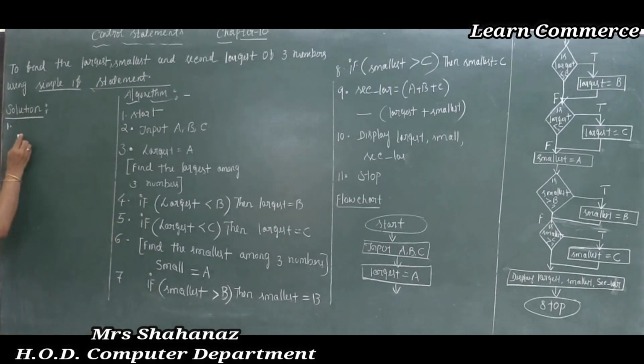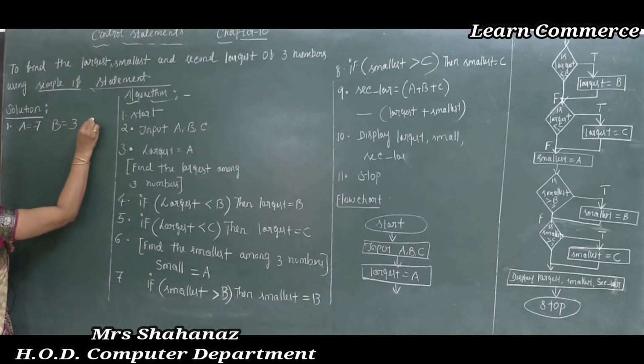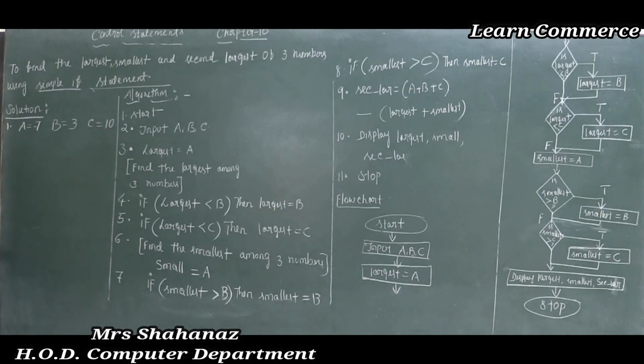For example, A value is equal to 7, B value is equal to 3 and C value is equal to 10. So I have read A is equal to 7, B is equal to 3, C value is equal to 10.